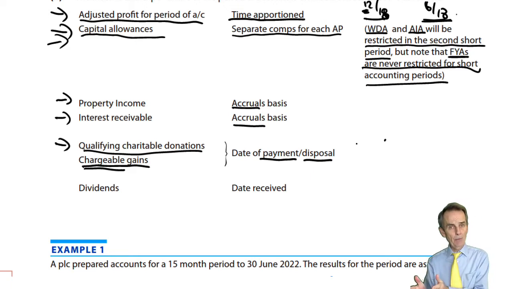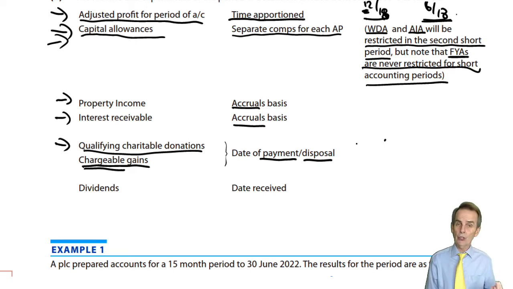So in the second period, you'd show a working for that chargeable gains figure to include on the corporate tax computation. It would be the capital gain made on the disposal in that period, less the capital loss brought forward from the previous 12-month period. So it tests you out.